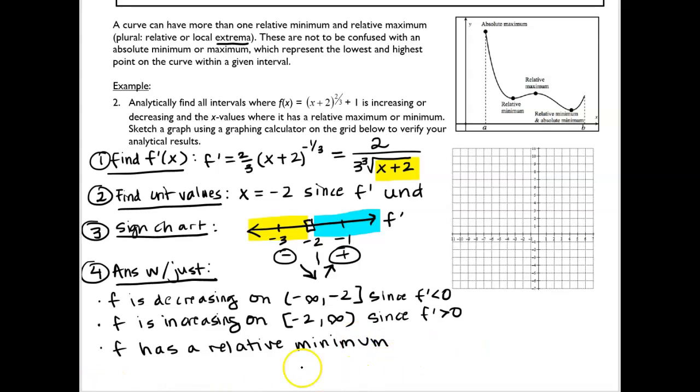We have to use calculus. So f has a relative minimum at x equals negative 2. These will be your critical values. And our justification is since f prime, we have to talk about the derivative. This is calculus, so we talk about the derivative. Since f prime changes from negative to positive.